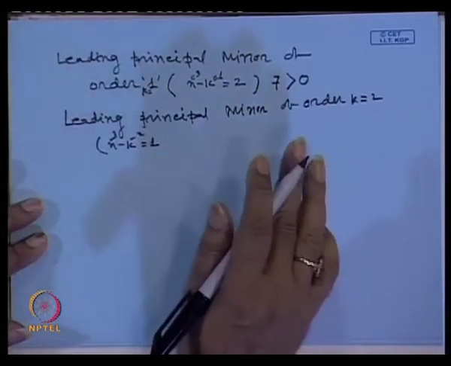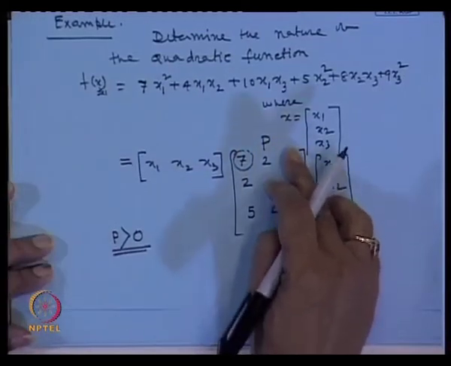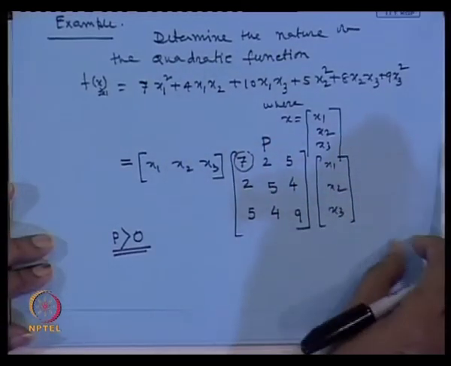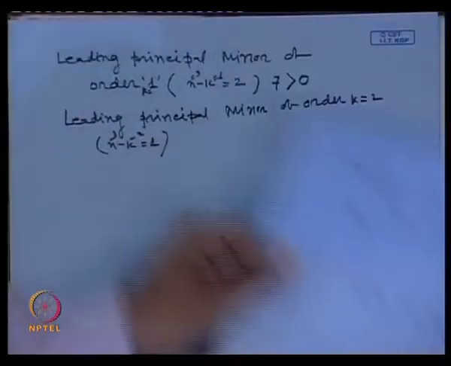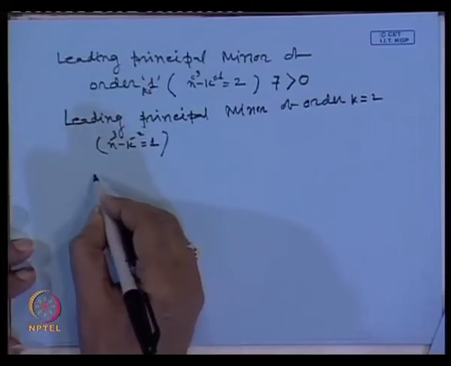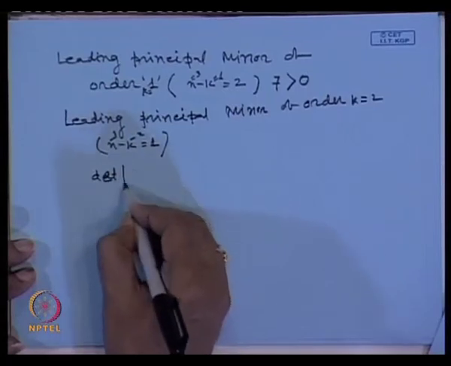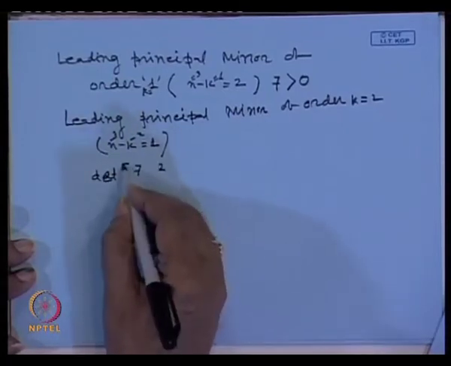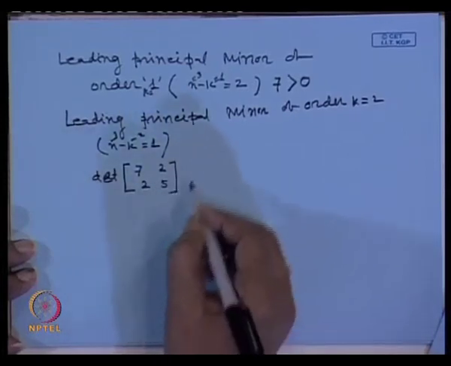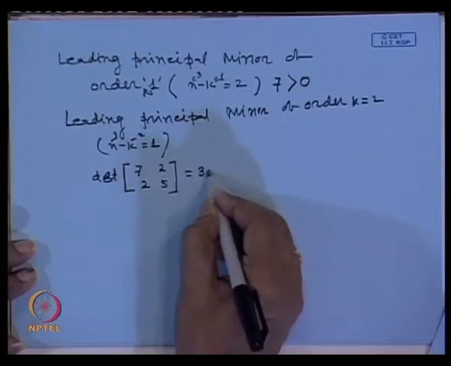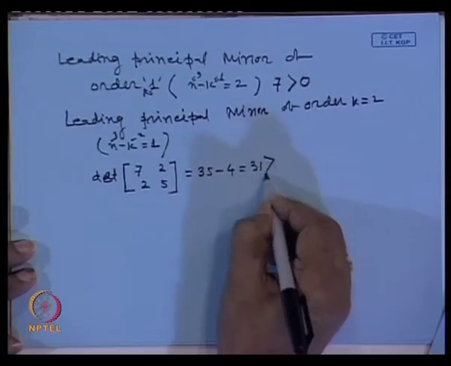The last row and last column you delete from the matrix P. So, you have only this matrix, 7 2, 2 5, and the determinant of this matrix, if you see, is 35 minus 4 is equal to 31, which is greater than 0.